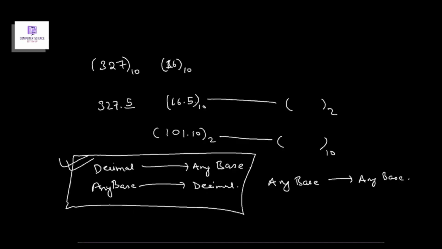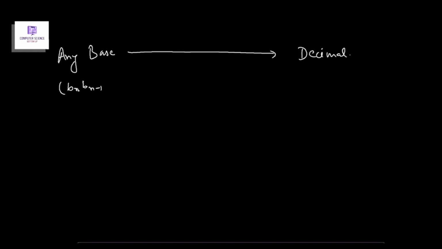So this is what we have to understand, from decimal to base or base to decimal. Now we're just going to formalize it from any base to decimal. How will you do it? Let's say a number is like this: bn, bn minus 1, and so on, b3, b2, b1, dot, and let's denote the fractional digits as b minus 1.